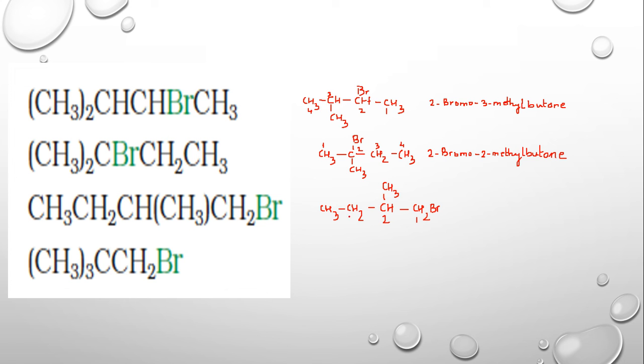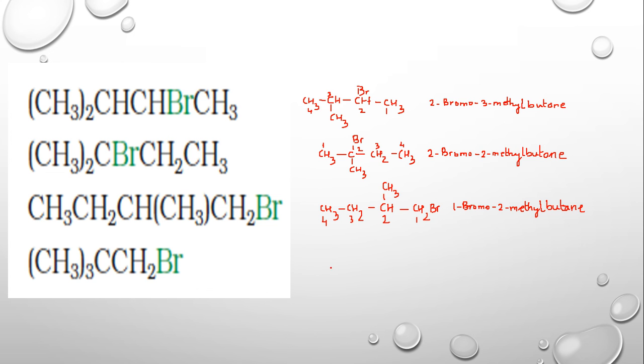So 1, 2, 3, 4. Select the longest continuous carbon chain and write down this substituent name. So it is going to be 1-bromo 2-methyl containing 4 carbon atoms. So it is going to be butane.